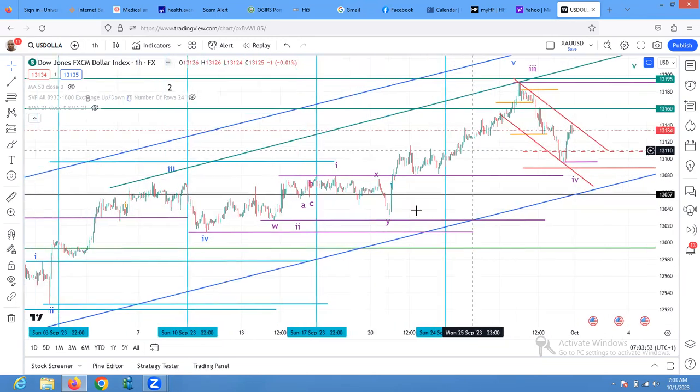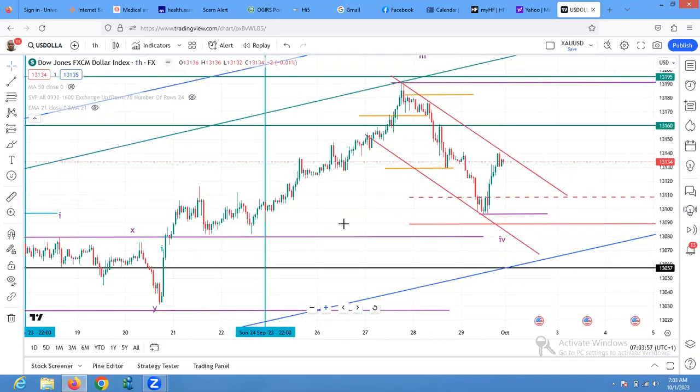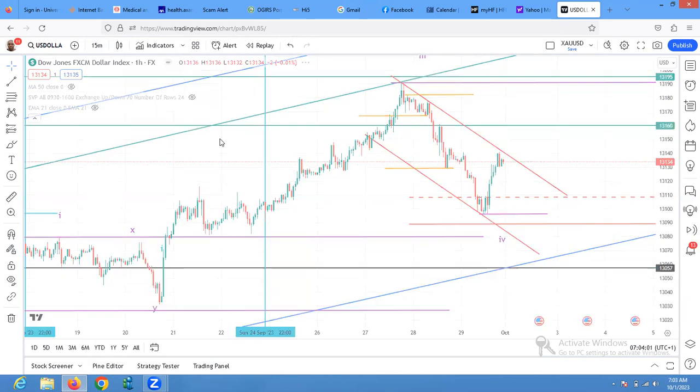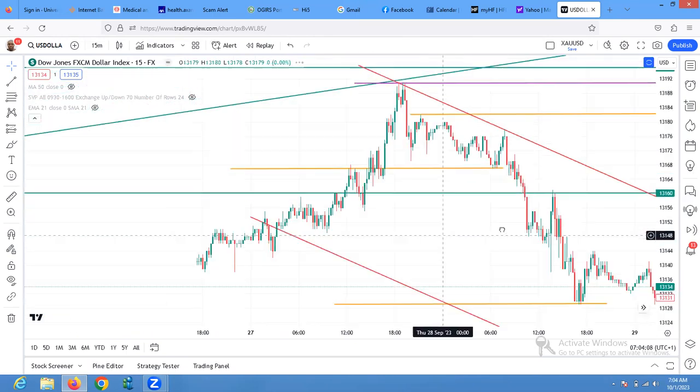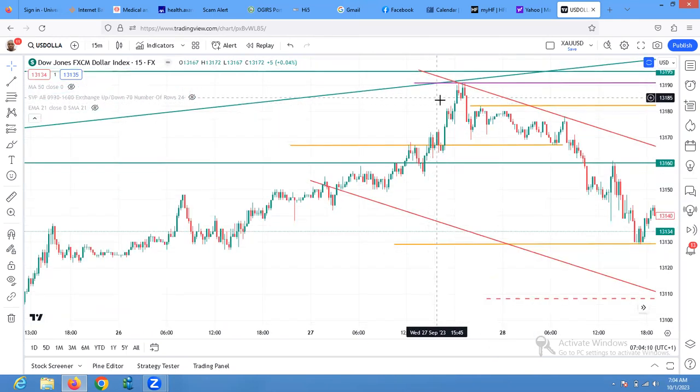Let me see if I can show you that on a lower time frame so that you will see that. Let's look at 15 minutes time frame. So on a 15 minutes time frame, this is what they can do. This one that came down could have as well been like a 4 and a 5 here. So that is the way it is.